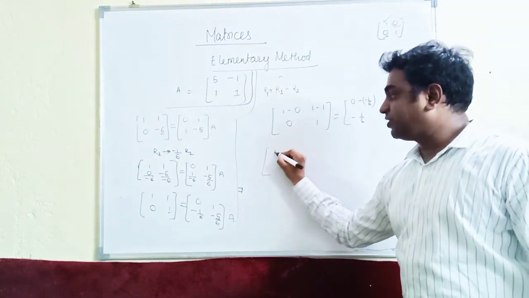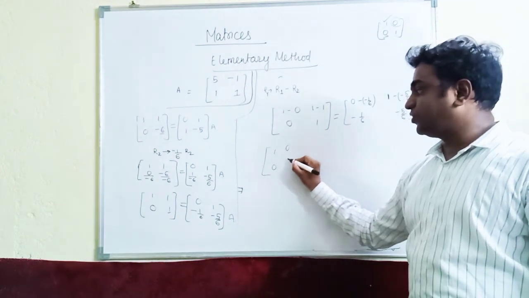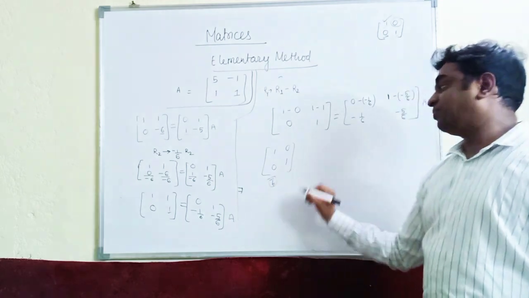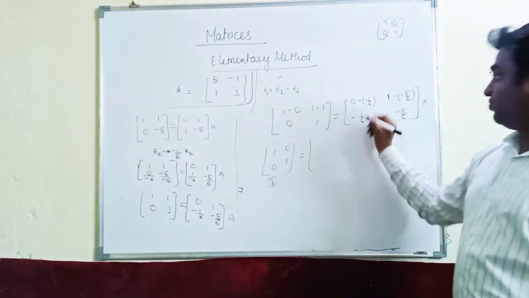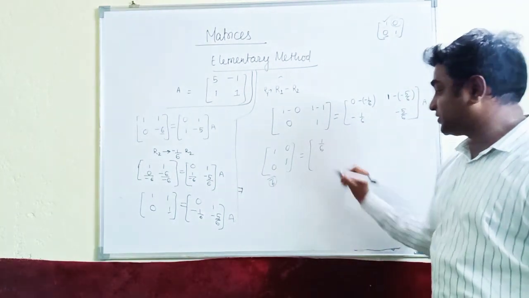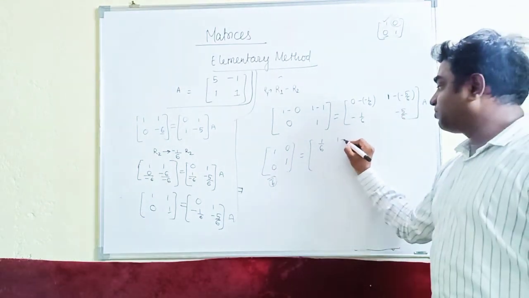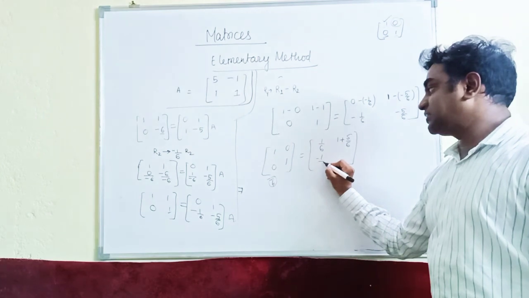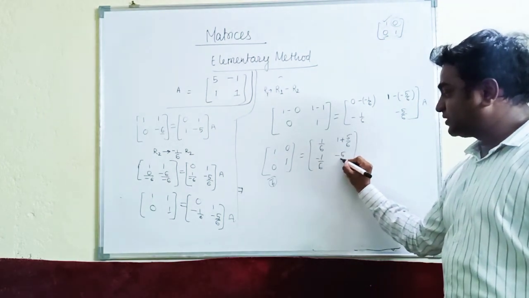Now it becomes 1 0 0 1, means identity matrix is developed here, but here what will be the solution, it will be 1 by 6, and this will be 1 plus 5 by 6, and this is minus 1 by 6, and next one is 5 by 6.